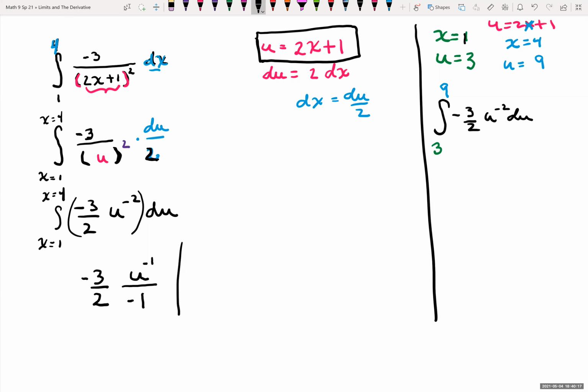We're looking at this though when x is 1 and x is 4. Where if we do this over here, same thing except different bounds. When I take the antiderivative of this, I get -3/2 u to the -1 over -1. But I'm evaluating these at my values where u is 3 and u is 9.